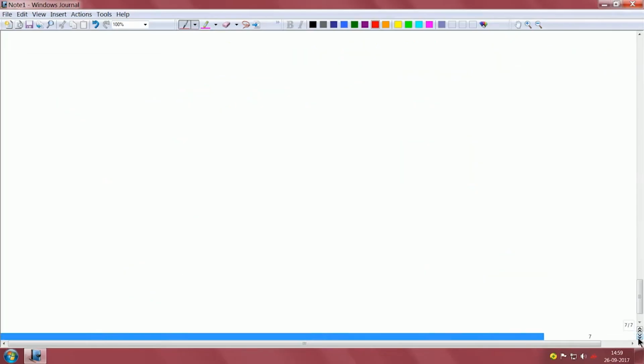So, let us define some notations that we will use towards the analysis. Let H of z be a column vector comprising of the analysis bank.